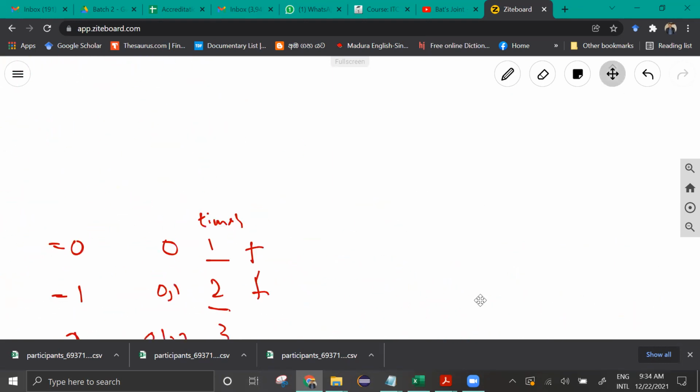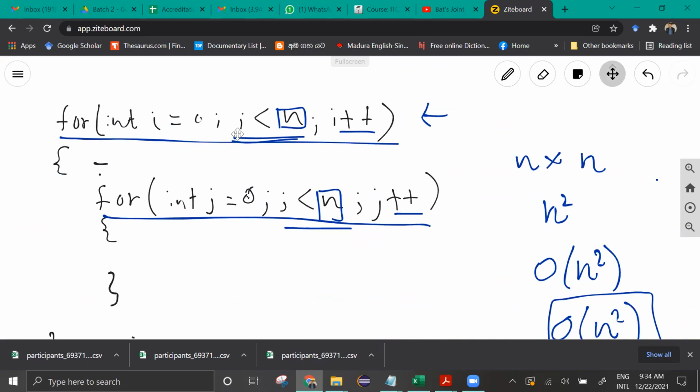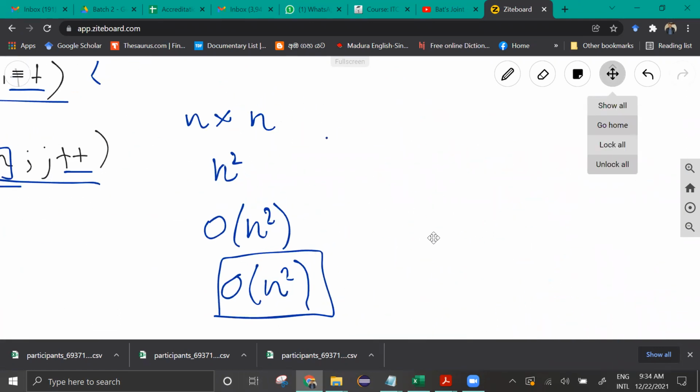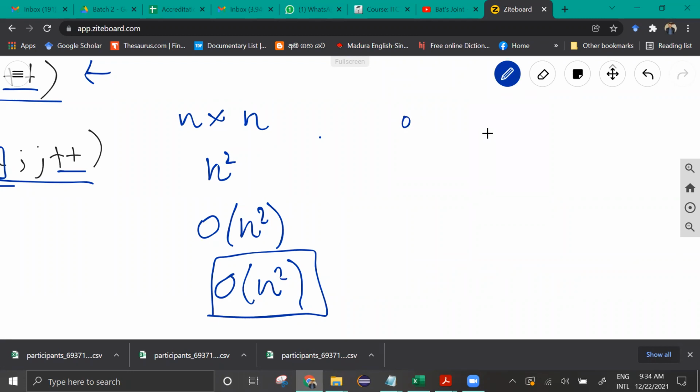In our previous case, where i goes up to n and j goes up to n, if I draw that: if i is 0, n times.